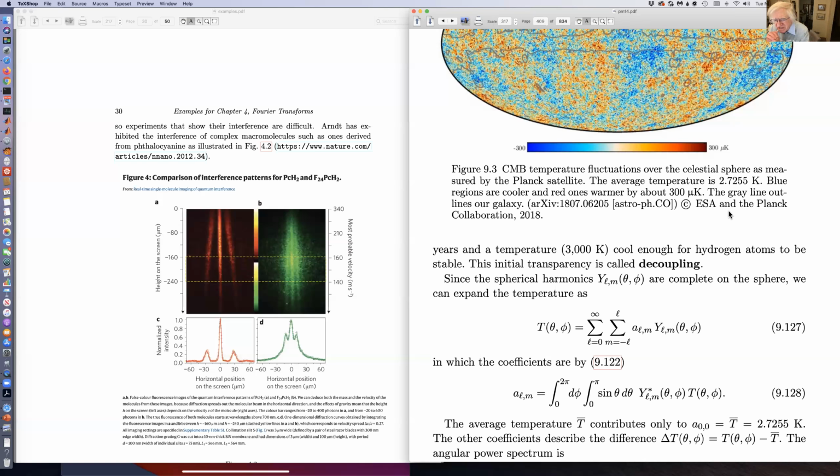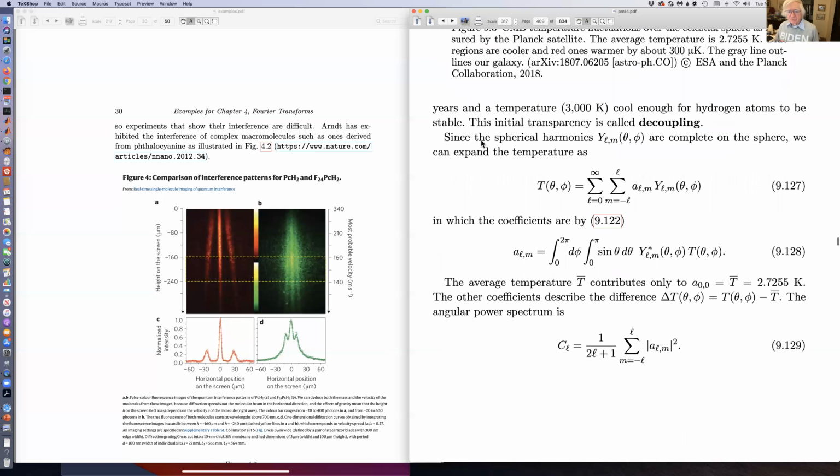And this is sometimes called recombination, but of course, it's recombination only if you have a cosmology in which you have a bouncing universe, which may be true. But anyhow, the spherical harmonics are complete on the sphere, so we can expand the temperature in terms of the spherical harmonics. The spherical harmonic coefficients then are given by these integrals.